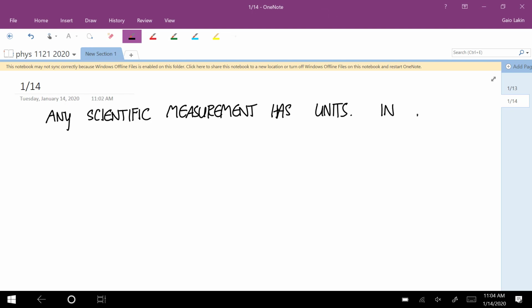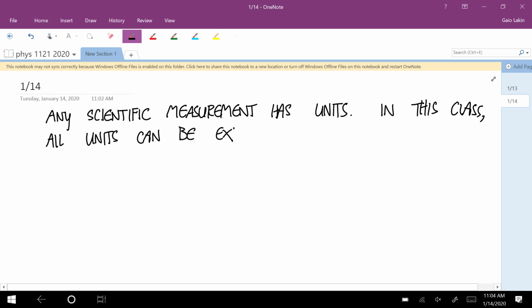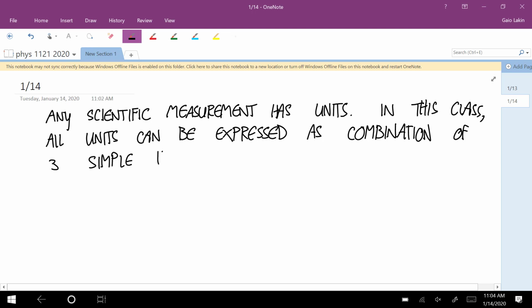But in this class, all units can be expressed as a combination of 3 simple types.